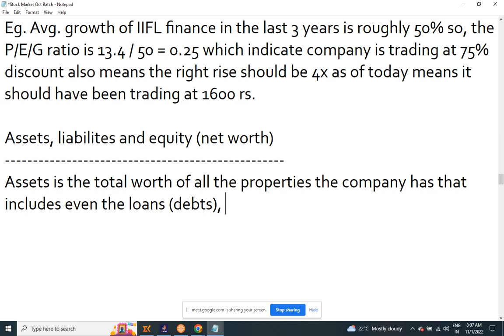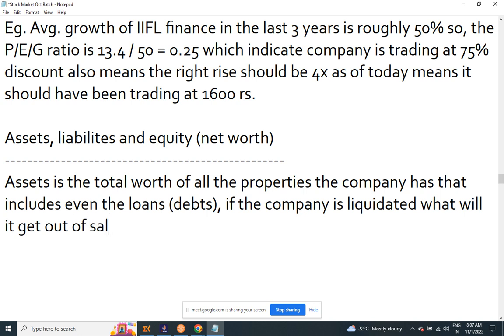In other words, if the company is liquidated, means totally sold off, what will it get out of the sale?